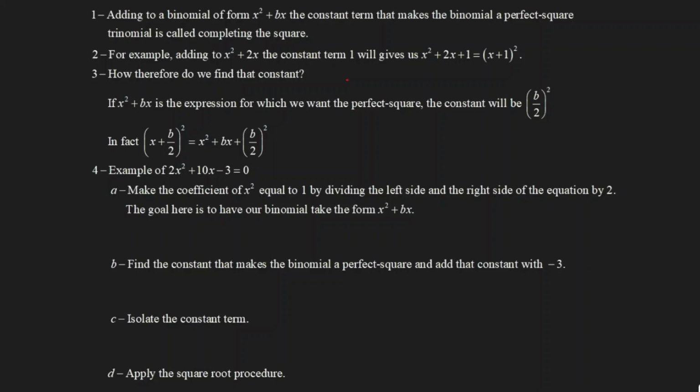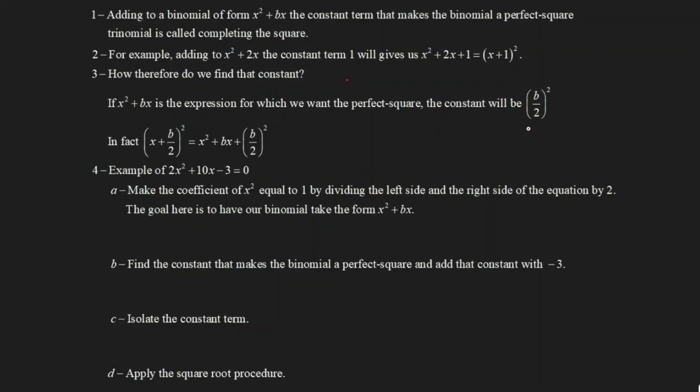Now, the way to find that constant: if you have the binomial of the form x squared plus bx, we take the coefficient b, divide it by 2, and square it all.